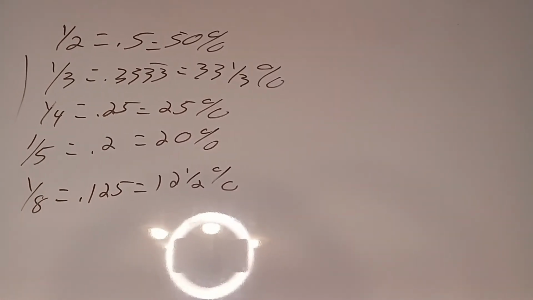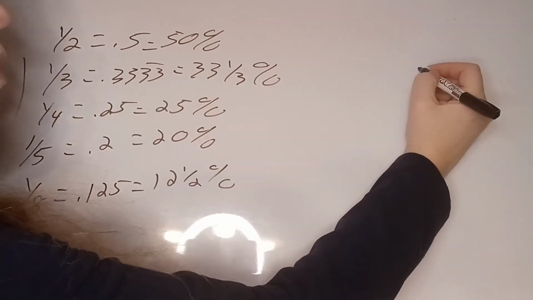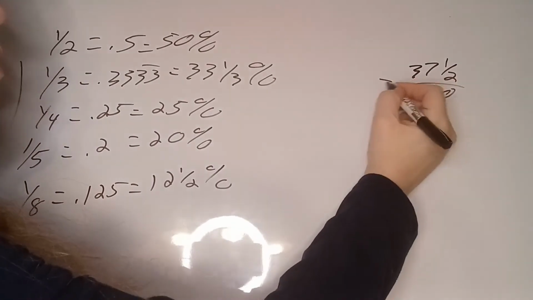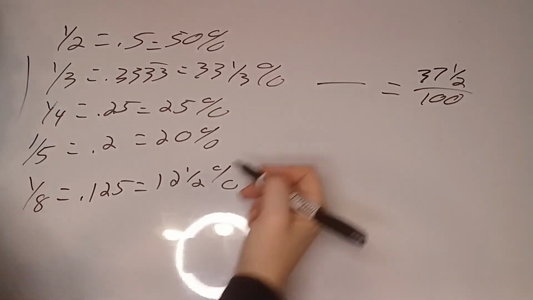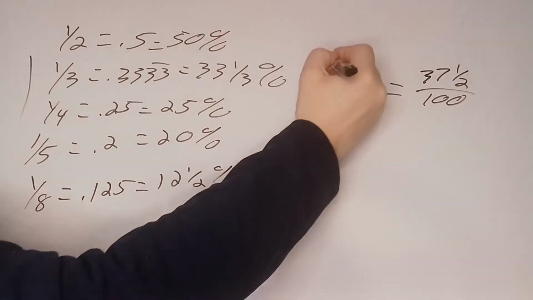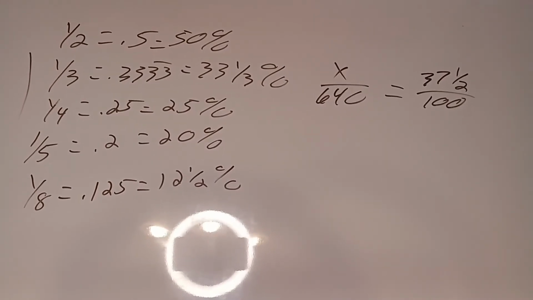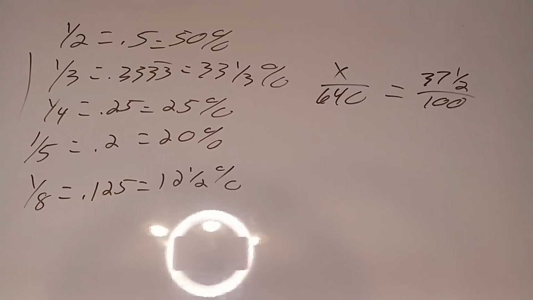Let's say that you need to find 37.5% of 640. What is it? 37.5 is 12.5 times 3.